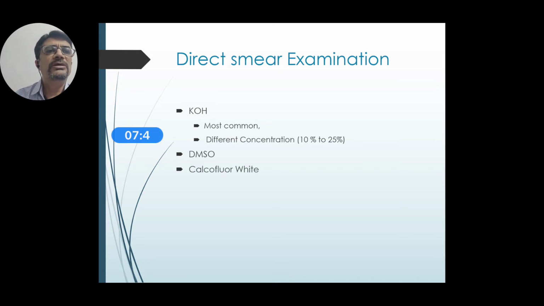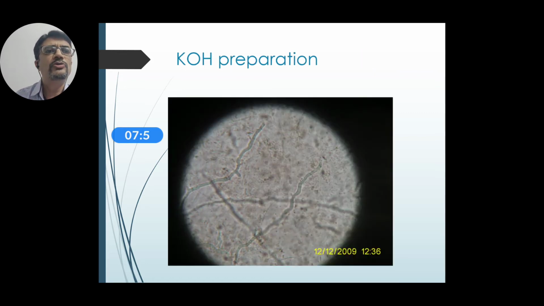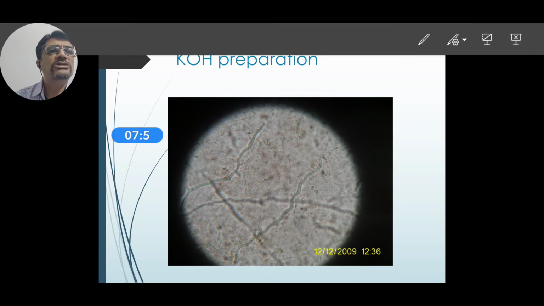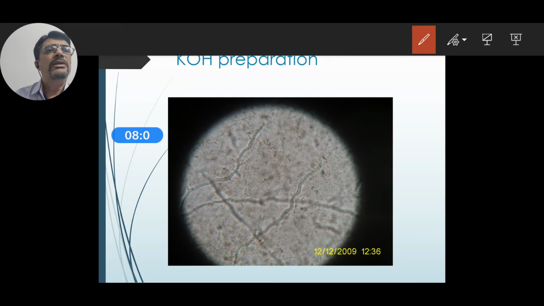Calcofluor white, that is a stain, can be used to see. See, this is how you will see it in KOH. So here the digested skin would look like this, the background, and in that you can see the fungal filament. Clear?